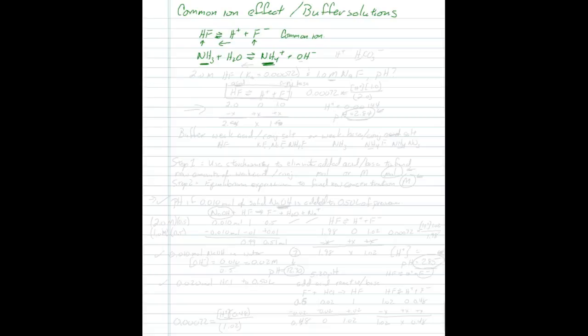This is large because it's a weak base. Weak bases don't ionize very well. Therefore, the equilibrium will shift again to the left, decreasing the amount of hydroxide.